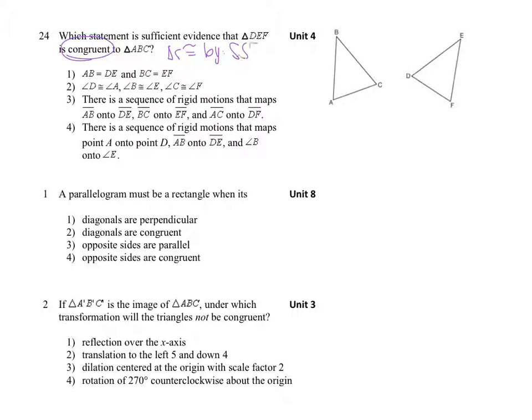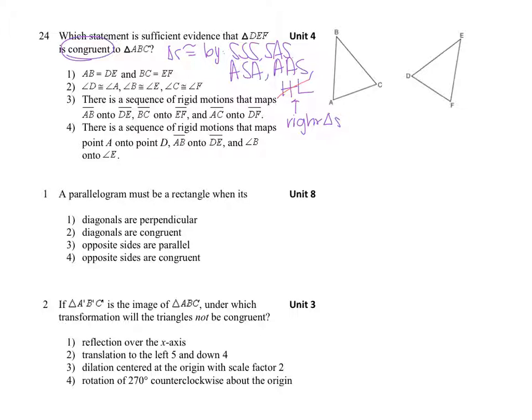The first being side, side, side, SAS, side, angle, side, ASA, AAS, and of course HL, which is only used with right triangles. So we're going to knock HL out of the way here because these triangles are not right triangles. They did not tell us that.